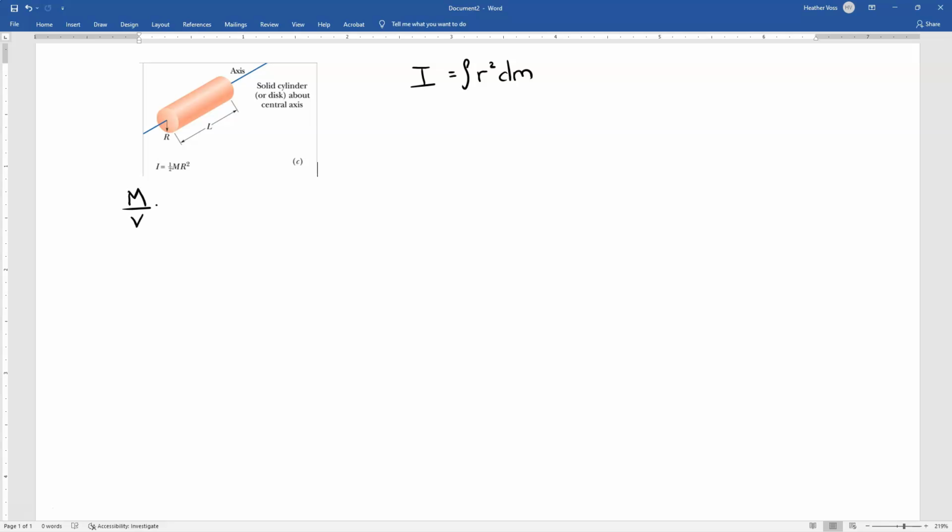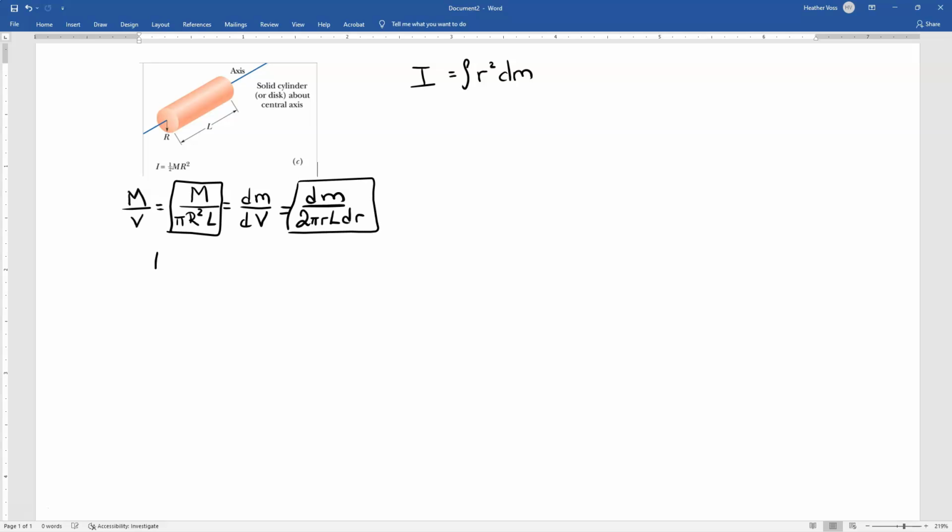Now this is a solid cylinder, so our volume is going to be pi big R squared times our length L. Our mass is going to be m, and when I take the derivative of this, if I look at the infinitesimal mass over the infinitesimal volume, I'm going to get dm over 2 pi r L dr. So again, I'm going to set basically this one and this one equal, and I'm going to solve for dm.